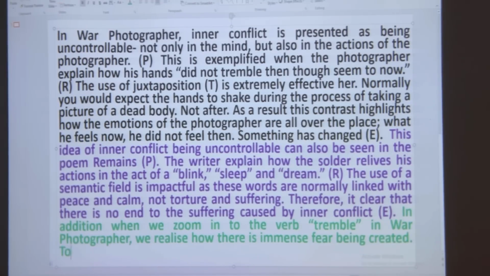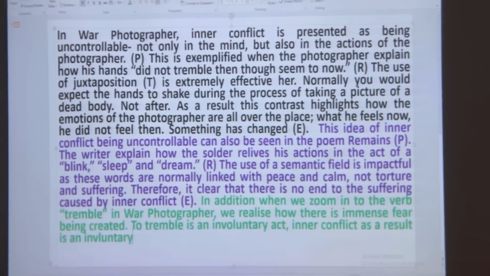To tremble is an involuntary act. In a conflict, as a result, is an involuntary, uncontrollable emotion.